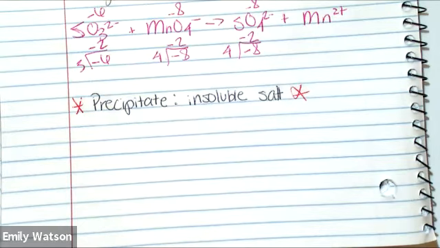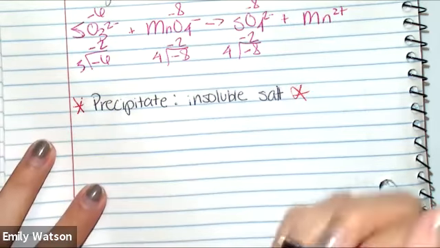Okay, so a precipitation reaction. Remember, in a reaction we're reacting two things together to make something new, so a precipitate is going to be on the product side. A precipitation reaction means we're making a precipitate.